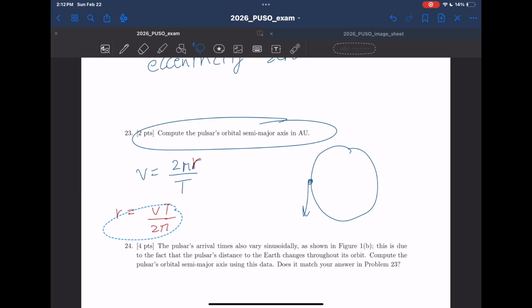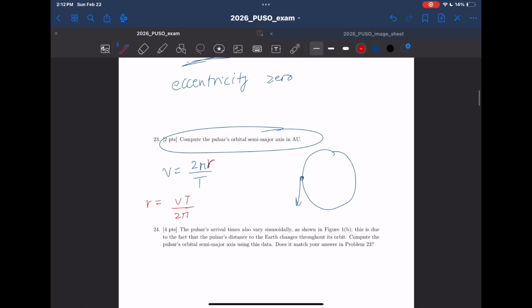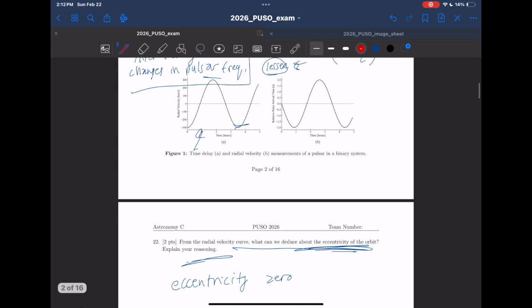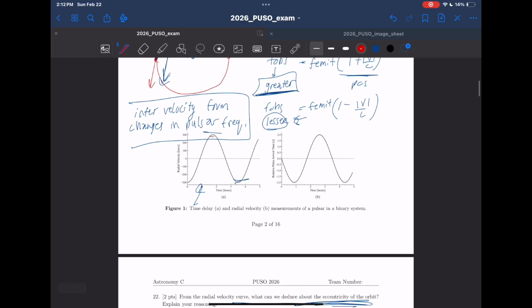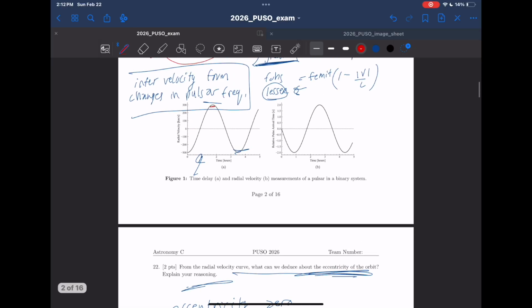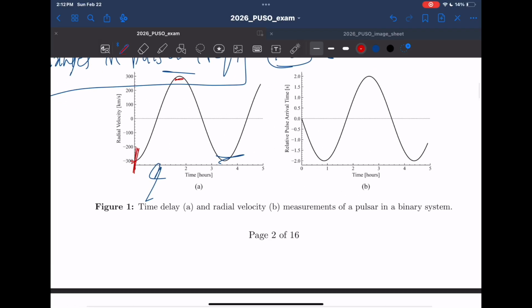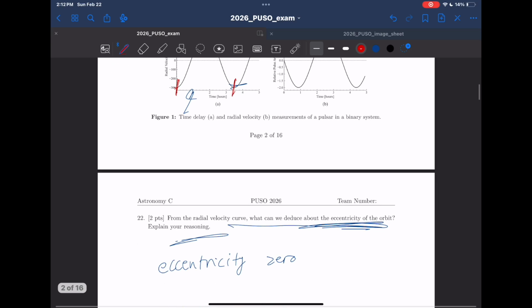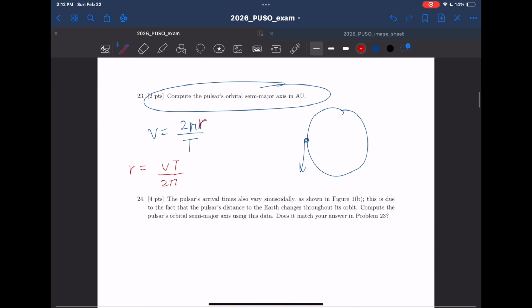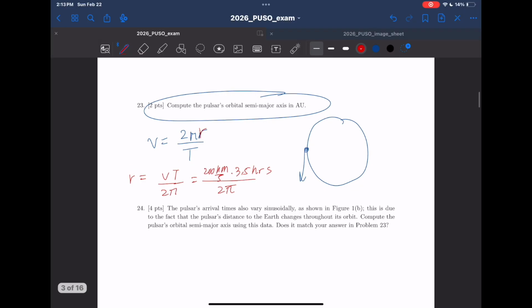Reading off the graph, the velocity is 300 kilometers a second, and the period looks to be around 3.5 hours, if I'm not mistaken. So then 200 kilometers a second times 3.5 hours divided by 2 pi.